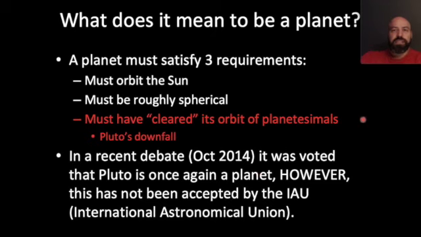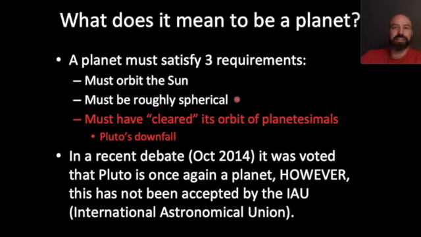So, what does it actually mean to be a planet? We talk about these planets. There are 3 requirements that are set out by the International Astronomical Union, which is kind of the governing body here. So it must satisfy these 3 requirements. It must orbit the sun. Well, there's lots of things that orbit the sun, so we could have a lot of planets if that was the only thing. It must be roughly spherical.